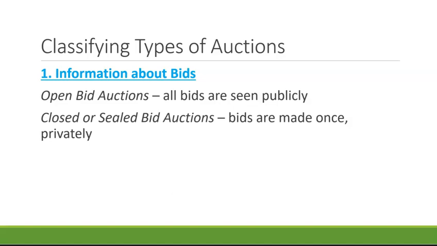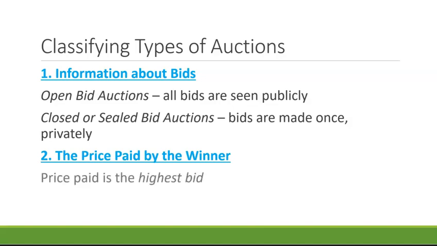Another way that we can classify auctions is based on the price that the winner pays. Now, at first glance, this may seem a little bit strange. You might think, well, obviously the winner is the person who makes the highest bid. But it's not quite so simple.